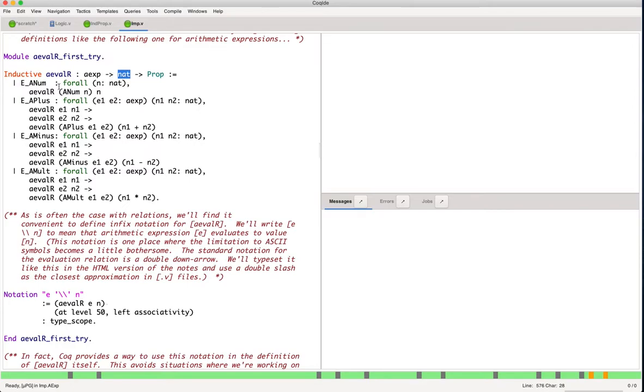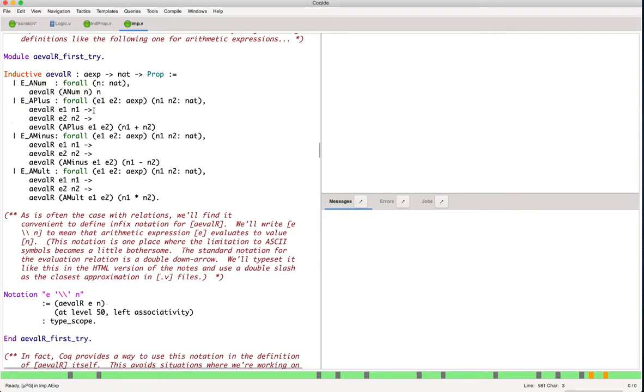So anywhere a eval R appears down here, it has two parameters: one is an expression, one is a number. Then we have one constructor for each of the inference rules. For example, in the first one, we have that a num n is related to n for all n's. So it's not a single axiom, it's really an axiom schema, because it's an axiom for every value of n.